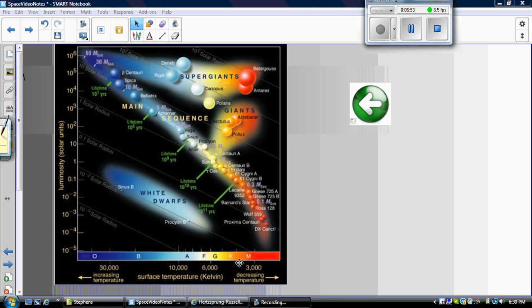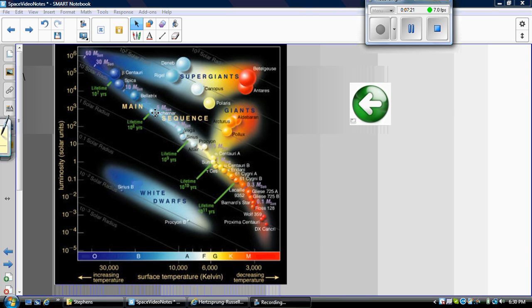But they're not very hot because a lot of that energy is getting released into space. Then when you've got the white dwarfs, they are really hot because all that matter has collapsed to a single point. So that increases the pressure, so temperature goes up. But they're not as bright because nuclear fusion is no longer going on. So that's why you've got some stars that don't fall in the main sequence.